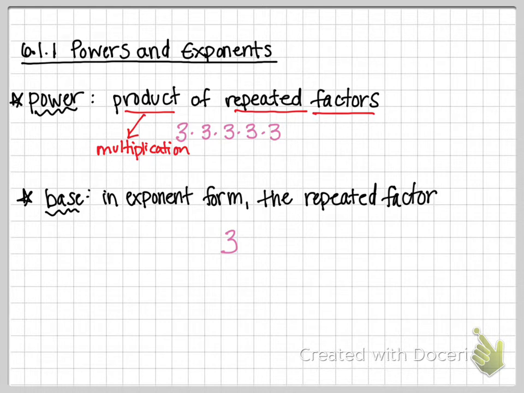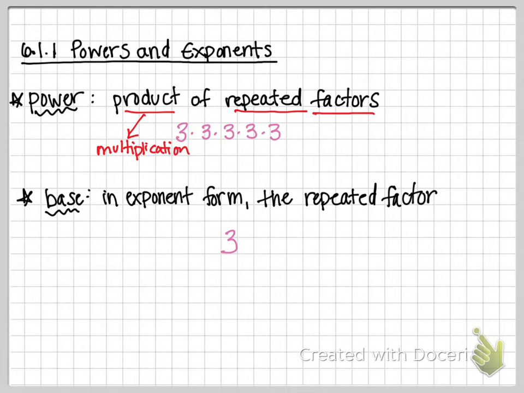Because we're doing 3 times 3 times 3, times itself over and over again. So our base is the repeated factor. In our example, the base is 3.